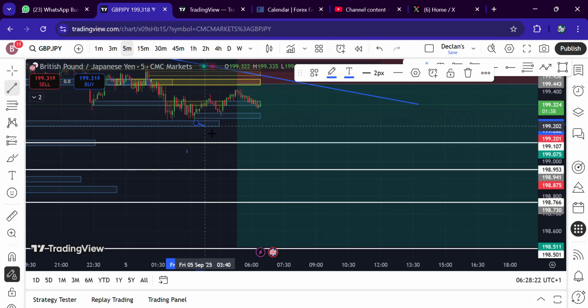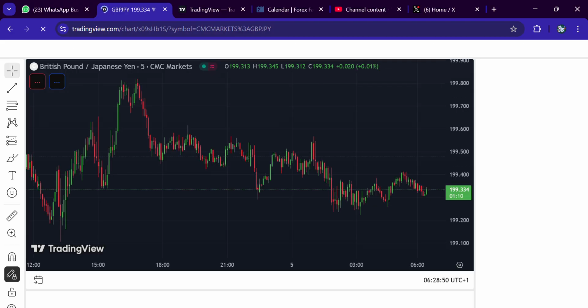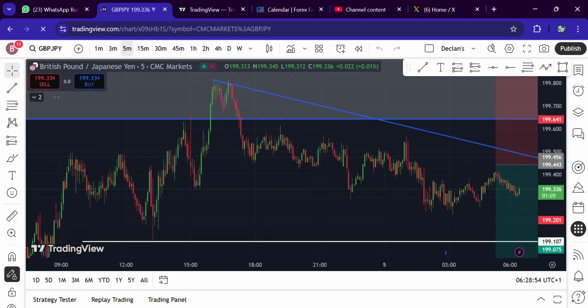TradingView on Chrome now. Sorry, I have to load it and reload because I can't use the actual app and set it up.